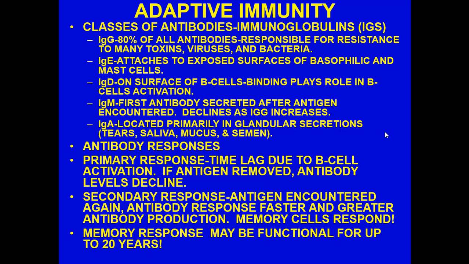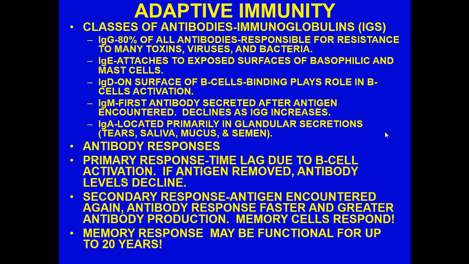IgM, this is the very first antibody secreted after antigen is encountered. And what happens is you have this seesawing effect. After a little bit of time, IgGs start taking off in numbers, in the measured amount, and IgMs will decline. IgA is located primarily in glandular secretions such as tears, saliva, mucus, and semen.